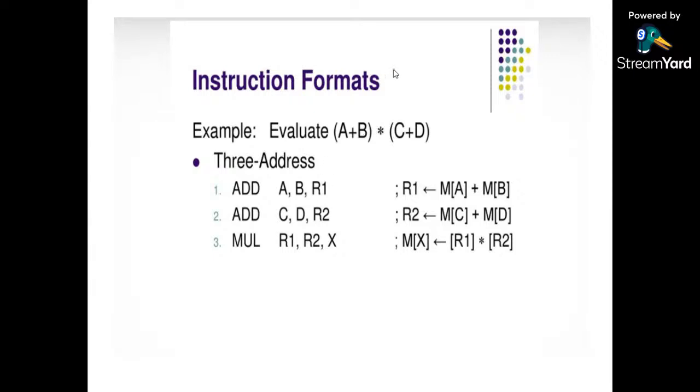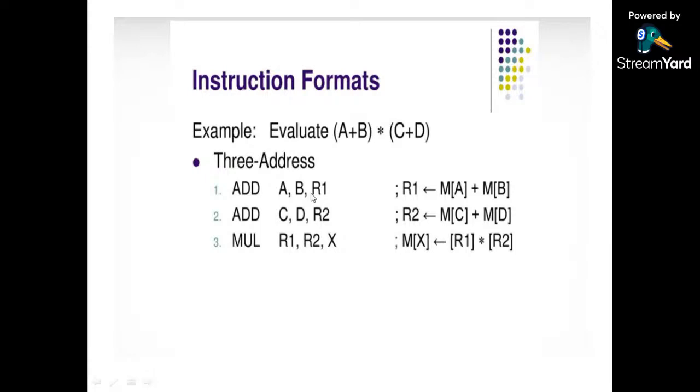The addition of a plus b will generate an intermediate result which will be required in the future for executing this complete instruction. Therefore we can use the general purpose register r1 to store the value of a plus b, so that we can use it in the future. So what is the internal execution here? Add a comma b comma r1.